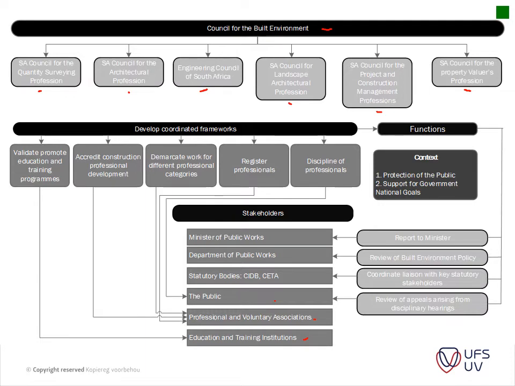These councils all report to the minister. It is reviewed by the built environment, and coordination liaison with key statutory bodies, like for instance the Competition Commission, etc., and then review of appeals arising from disciplinary hearings.